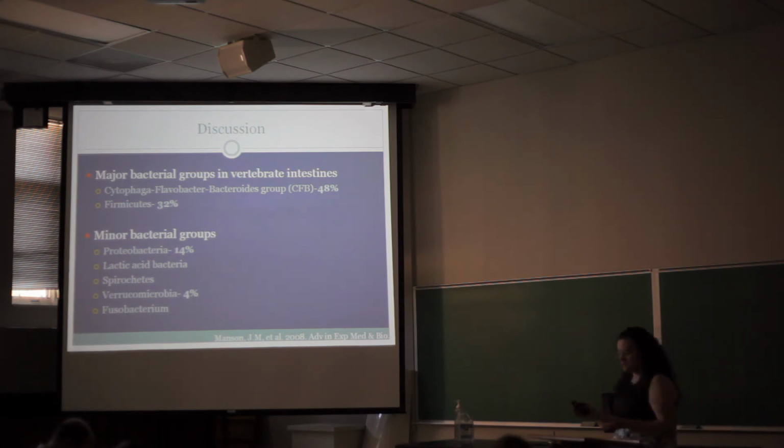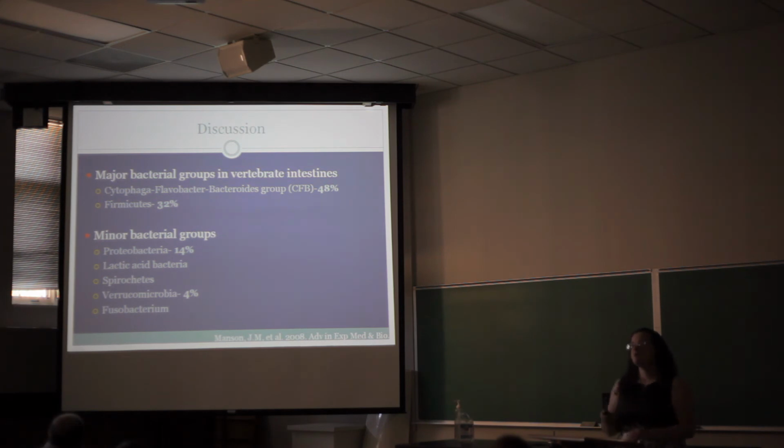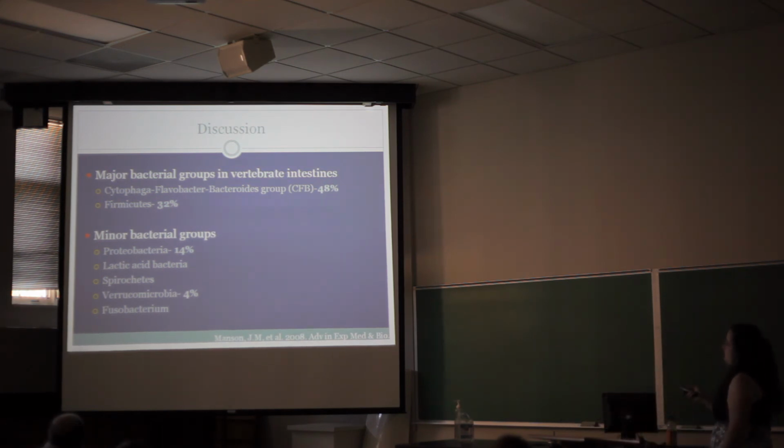Some minor bacterial groups that they found have been Proteobacteria, lactic acid bacteria, Bifidobacteria, Spirochetes, Verrucomicrobia, Fusobacteria, among many, many others. I put down my percentages of each, which I'll go through in a minute, just to show you which ones I was able to find within my organism.